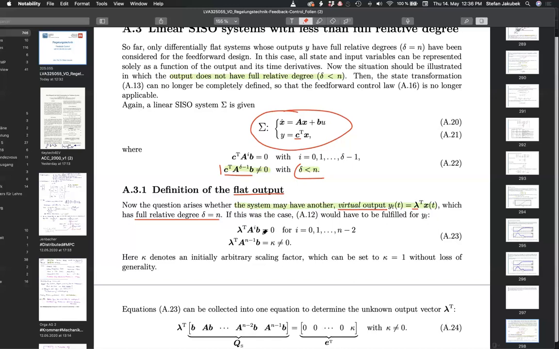Now, in order for that to be true, obviously that output vector lambda has to satisfy exactly these equations.